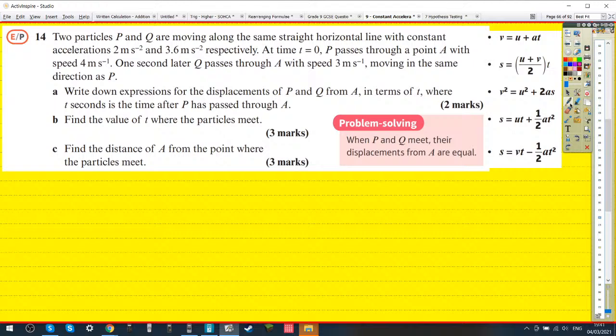So do you need two Suvat equations for this? I think we do, because we have two different particles, two different accelerations. So would the acceleration of P be 2 and the acceleration of Q be 3.6?